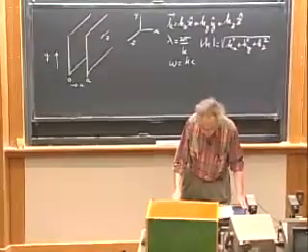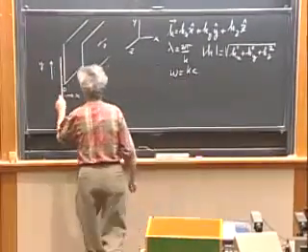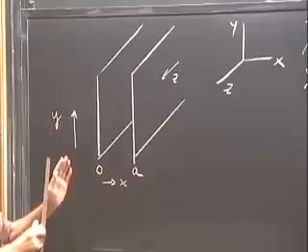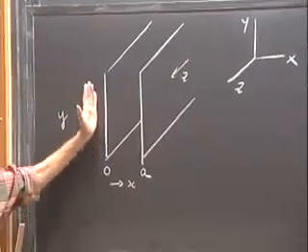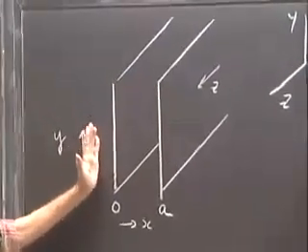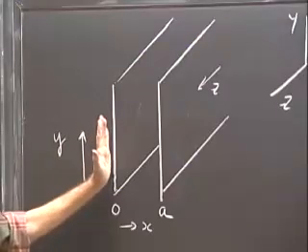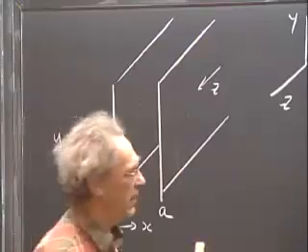So to meet the boundary conditions, the electric field, which is only in the y direction, must become 0 here and must become 0 there, because the electric field cannot be in its plane. You remember E of t, which was the tangential component at the surface of a conductor, must be 0. So E of y must vanish here and it must vanish there.